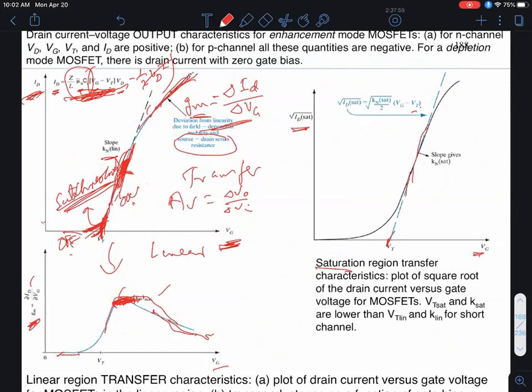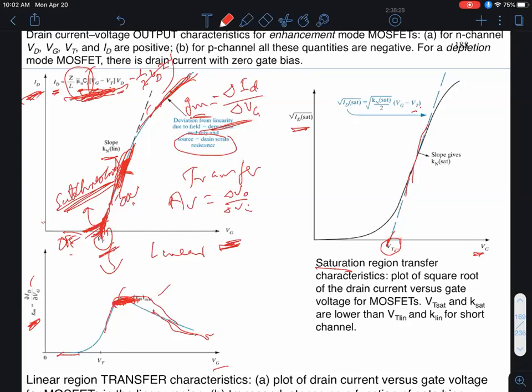Based on the discussion so far, there's no reason to expect that this measurement of VT should be any different from this measurement of VT, and that's true if it's a long channel device. However, we'll see on Wednesday that for short channel devices, with channel lengths less than maybe half a micron or so, there are secondary effects, generally known as short channel behavior, which cause the VT measured in the saturation region to be lower than the VT measured in the linear region.